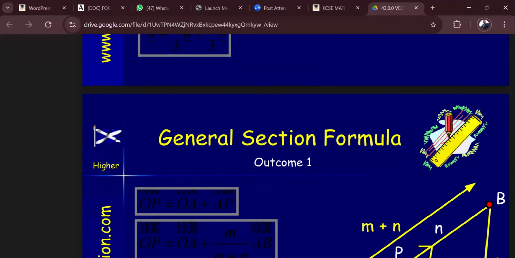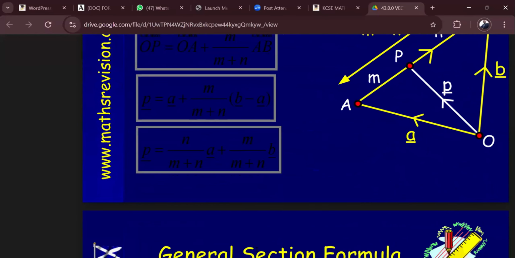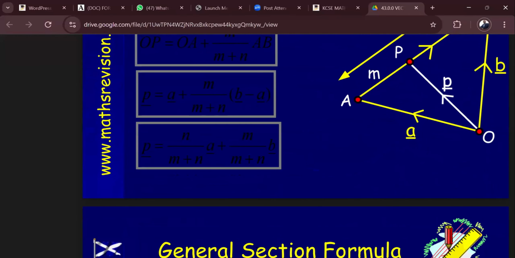So we have talked about collinearity. I think everybody is okay with that. This is a question that you always find in vectors. I get that question all the time.